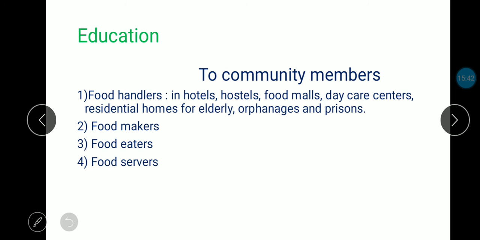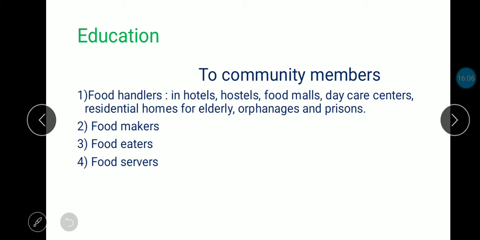Along with that, food makers, which are the people involved in food processing industries, food cooking at all levels, right from the household to larger ones.